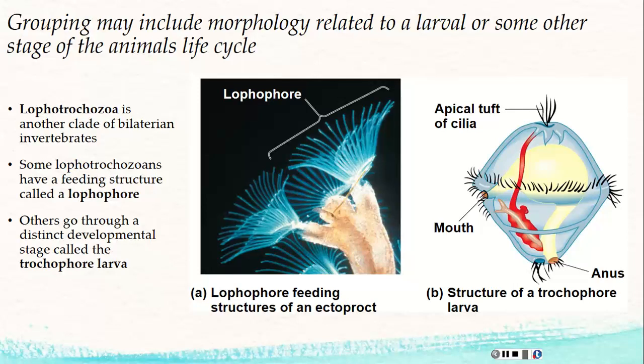A characteristic would be that they're bilateral invertebrates. Some of them, the reason why they are grouped together is that during some stage of their life form, they have a feeding structure called a lophophore. They may not keep it throughout their entire life cycle, but usually, in that juvenile stage, they have a lophophore. And again, it's for acquiring nutrients in the environment.